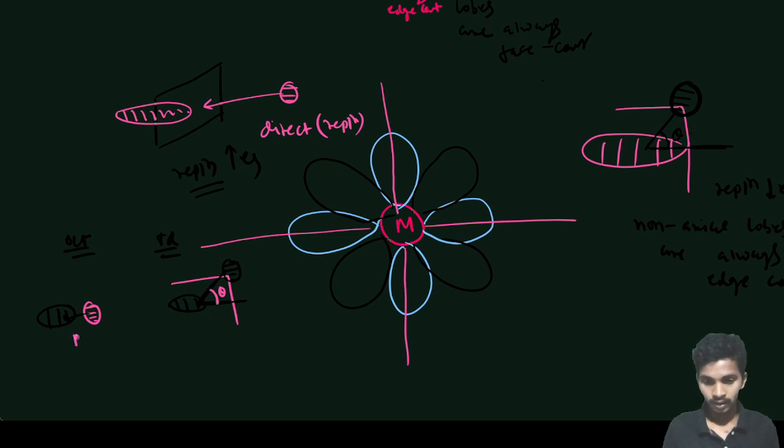Here this is r naught, then here this becomes r naught cos theta, where cos theta is equal to 2 upon 3. So if octahedral is r naught, then this will be r naught 2 upon 3.